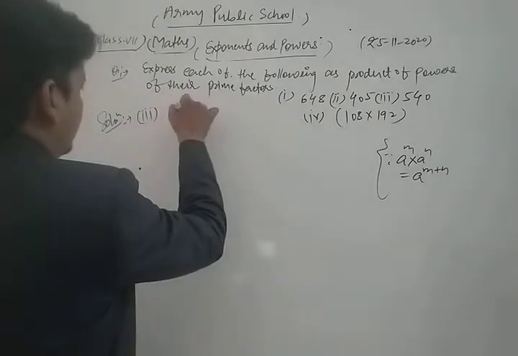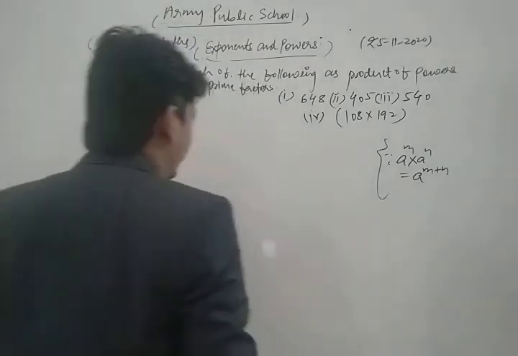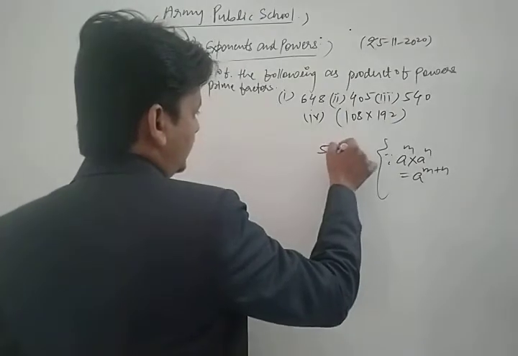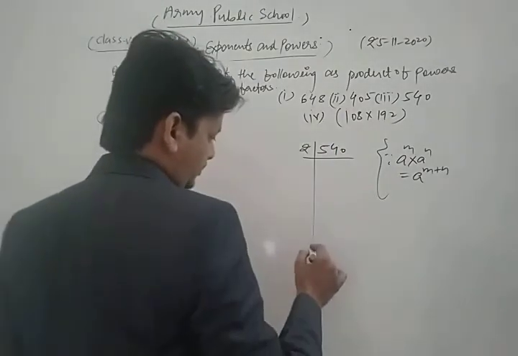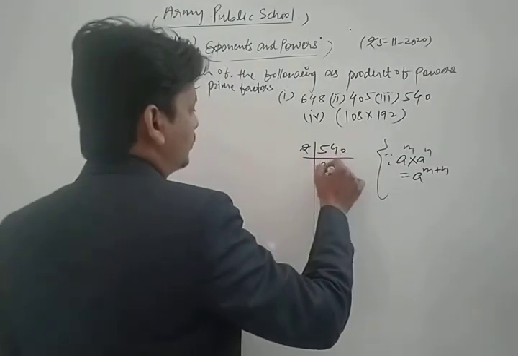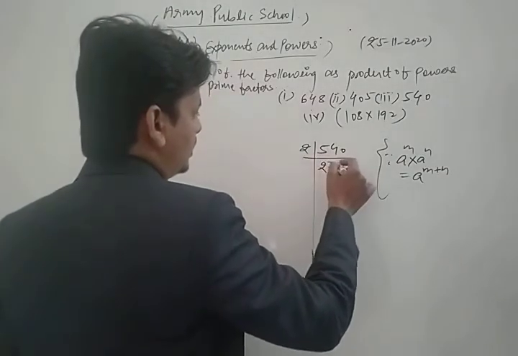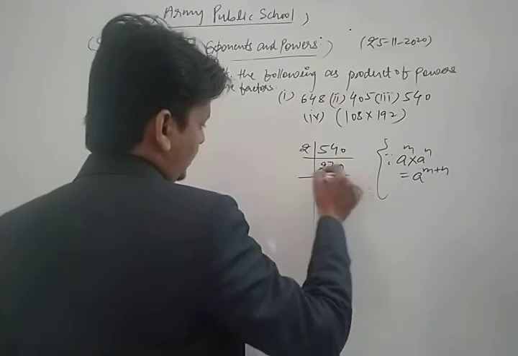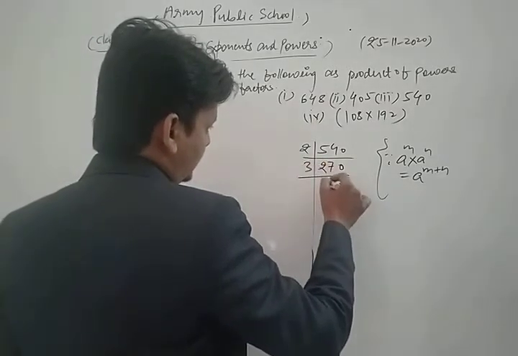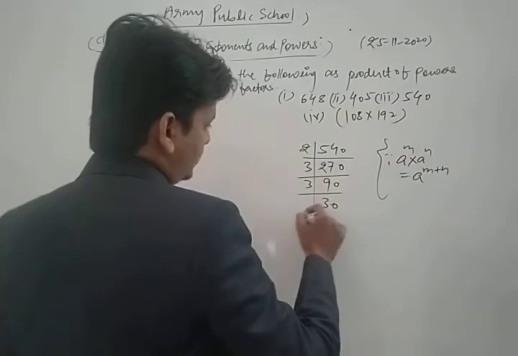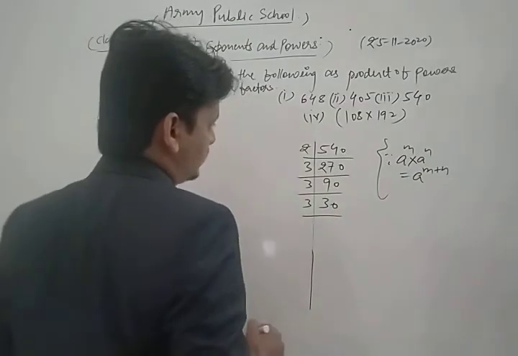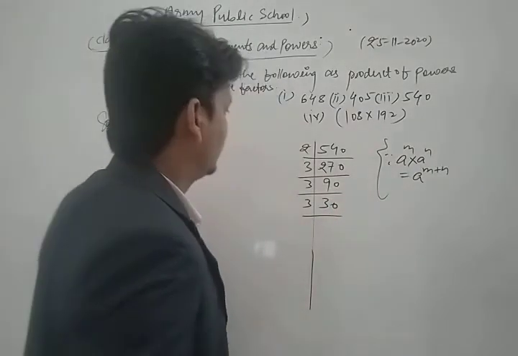This is 540. Now first of all, again by prime factorization, we get: 2 2s are 4, 2 7s are 14, 0. 3 9s are 27, again by 3, 3 3s are 9, again by 3.